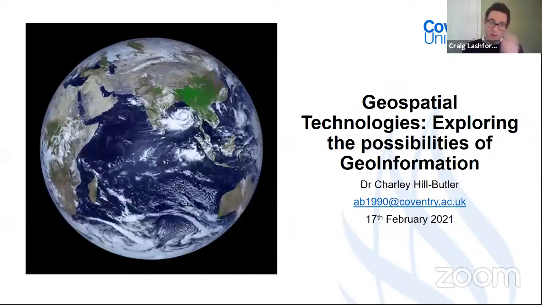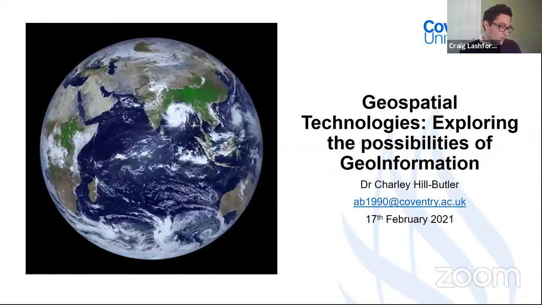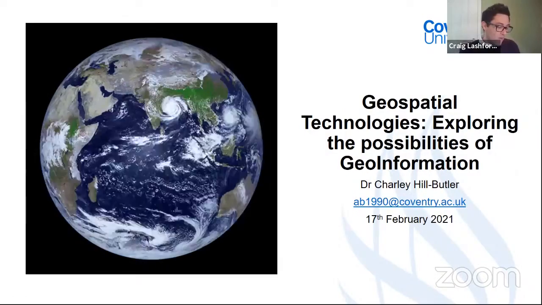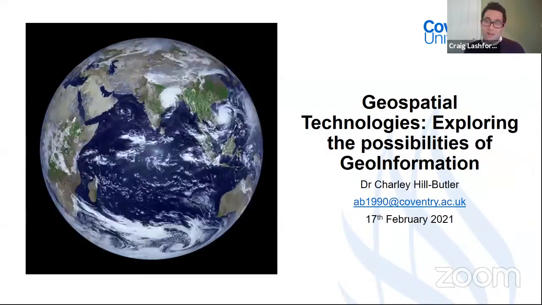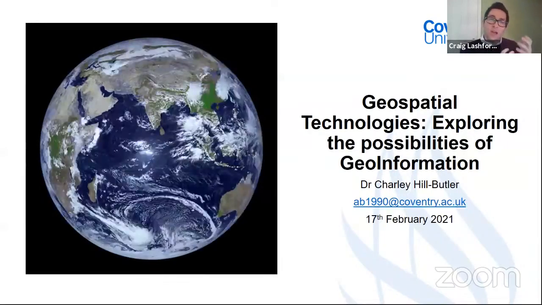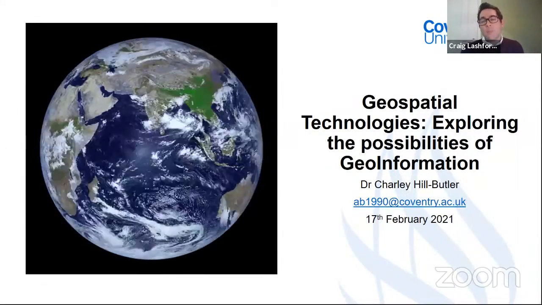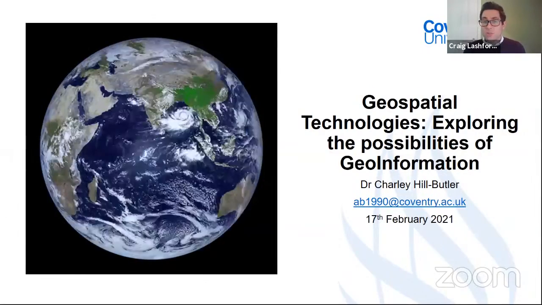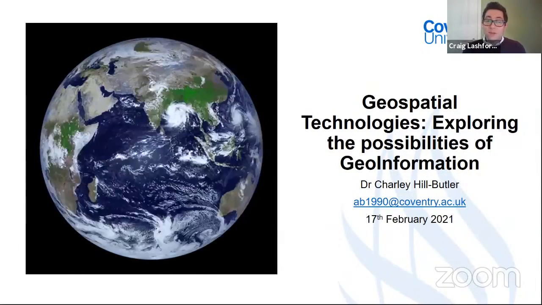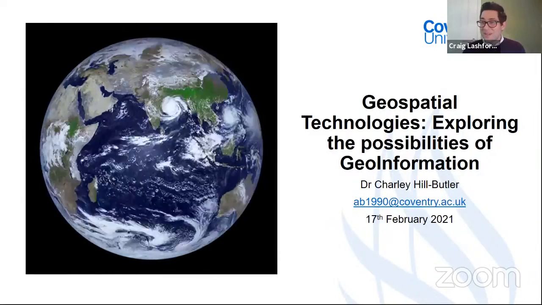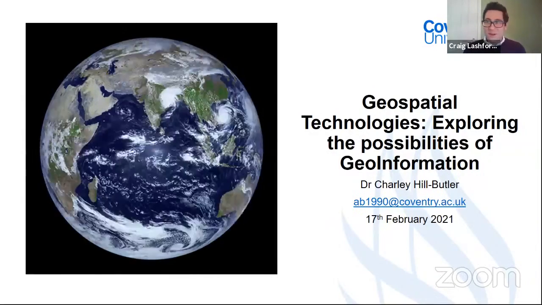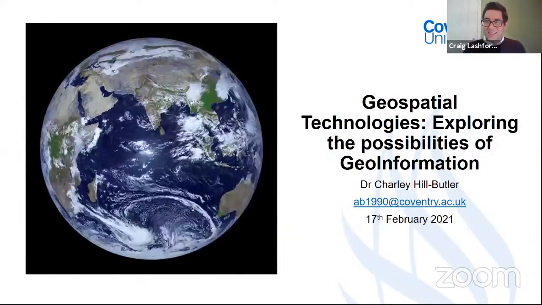Her PhD was titled Evaluating the Effect of Large Magnitude Earthquakes on Thermal Volcanic Activity, looking at the interlinks between earthquakes and volcanoes. But today she's going to talk about the geospatial side of things and the GIS work that can be done. I think it's better for Charlie to explain it more than me, so without further ado, I'm going to hand over to Charlie.